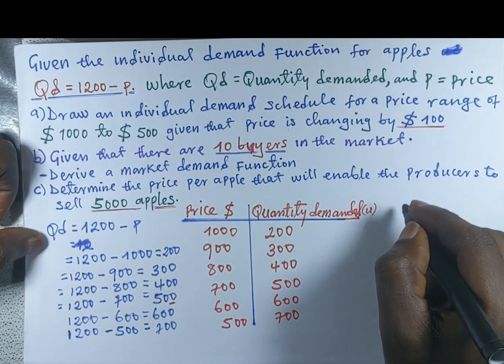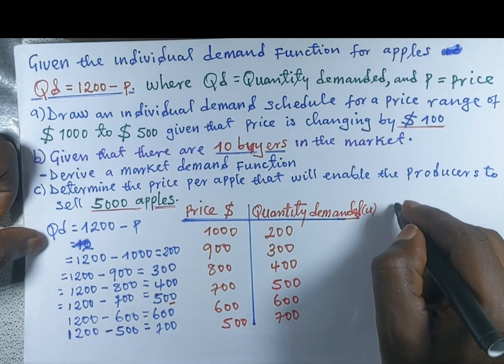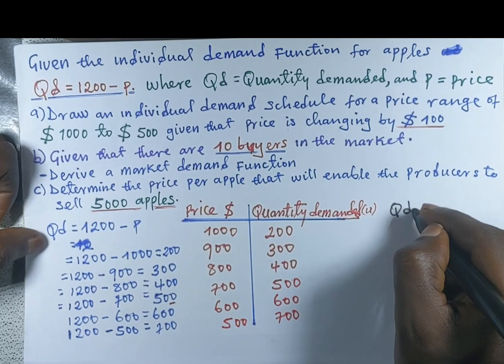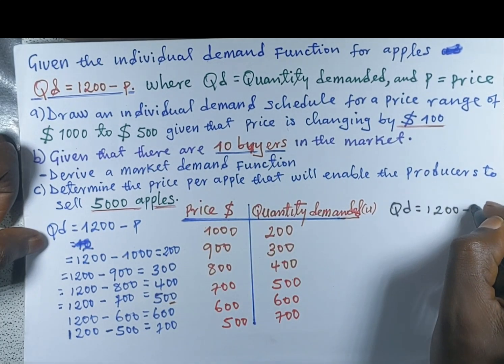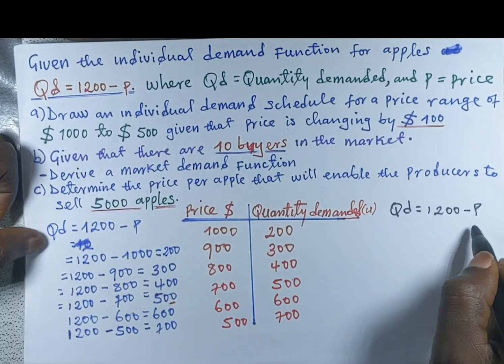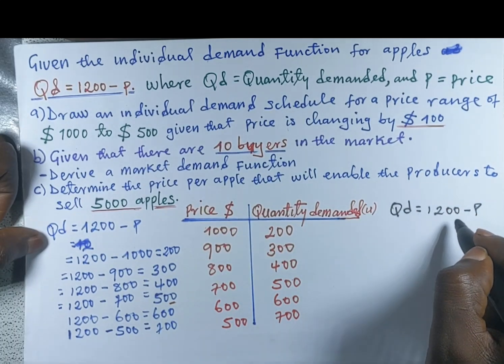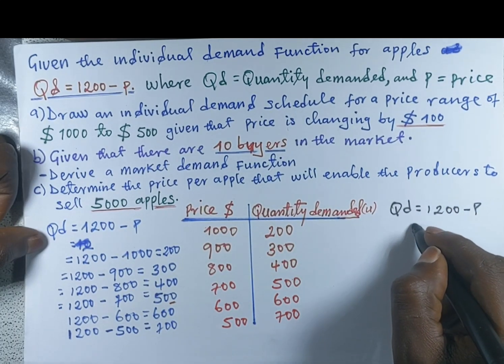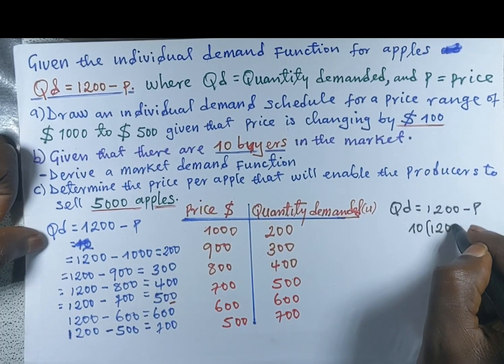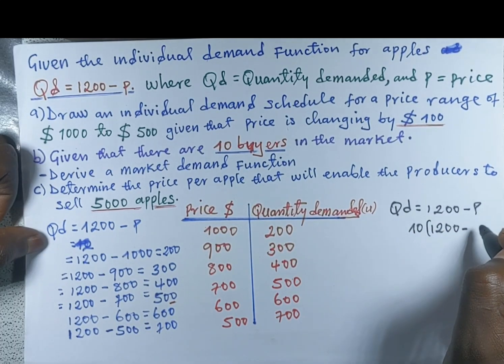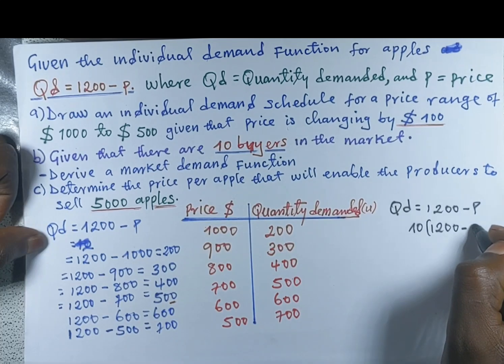So we have our individual demand function QD equal to 1200 minus P. To convert this, when there are 10 buyers, we are going to have 10 into 1200 minus P.